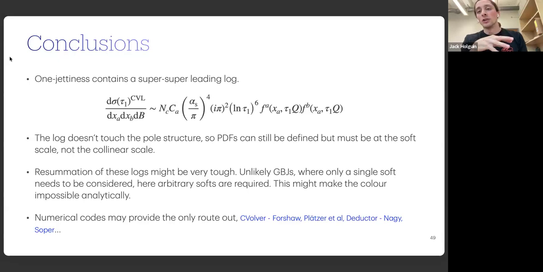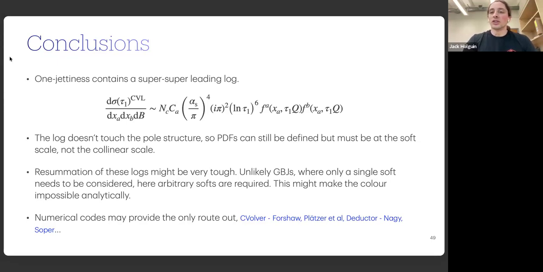There are basically no proofs within the framework of Collins-Soper-Sterman factorization for completely generalizing it to exclusive measurements, where you are properly measuring on the colored final state, such as the jettiness is doing. Instead, how these end up working is they kind of use a hybrid.